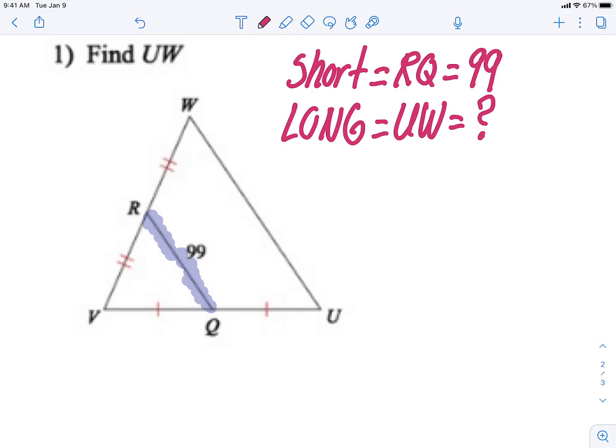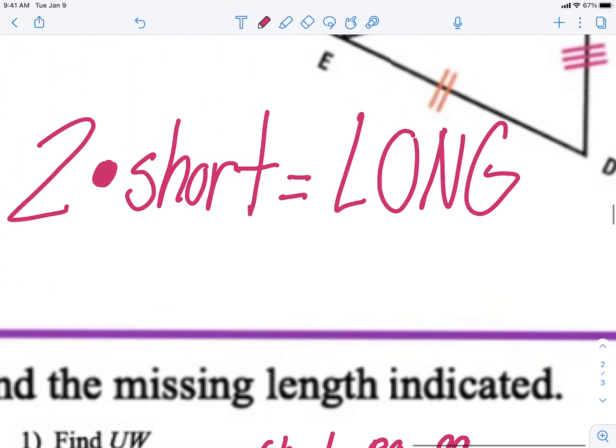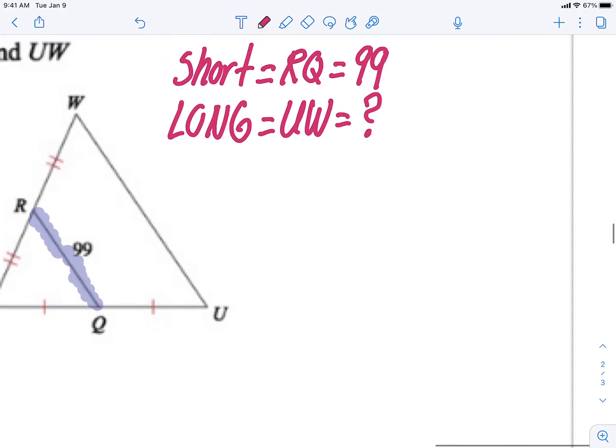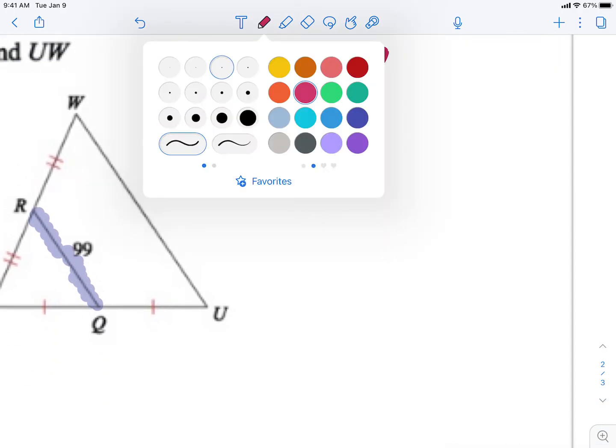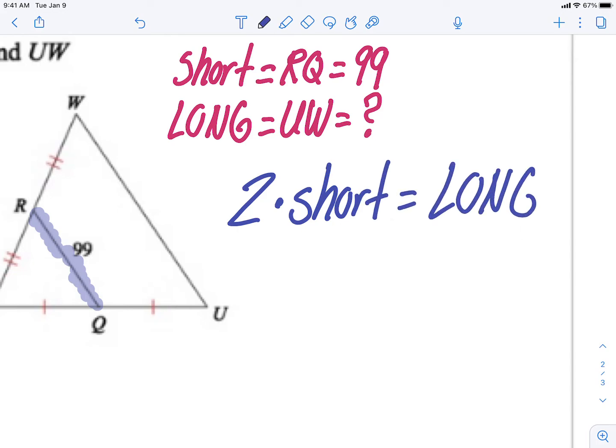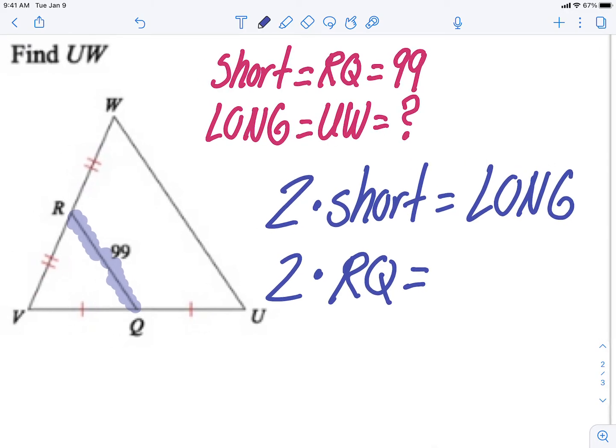All right. So let us use our 2 times the short is equal to the long. So, right, 2 times the short is equal to the long. 2 times the short is equal to the long. Well, 2 times the short is RQ is equal to the long, which is, by the way, I forgot to highlight it here, UW, right?